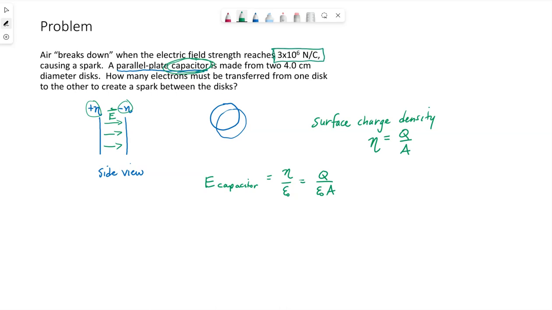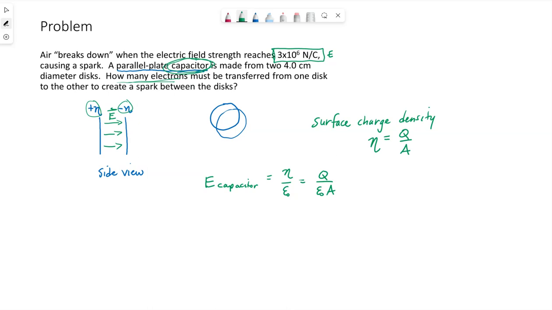electric field strength of 3 times 10 to the 6th newtons per coulomb is what causes this spark. We're trying to find out how many electrons would need to be transferred from one disk to the other to create this spark.